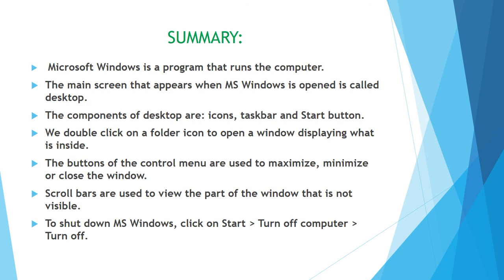To shut down MS Windows, click on Start, turn off computer, turn off. So, with this our chapter is completed and you studied about work of computer.